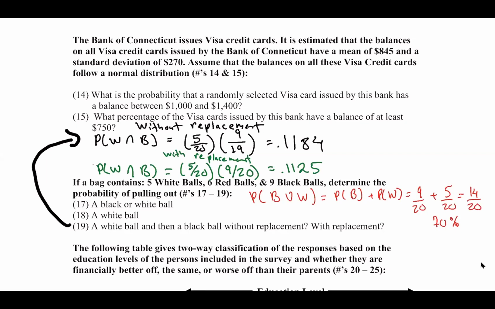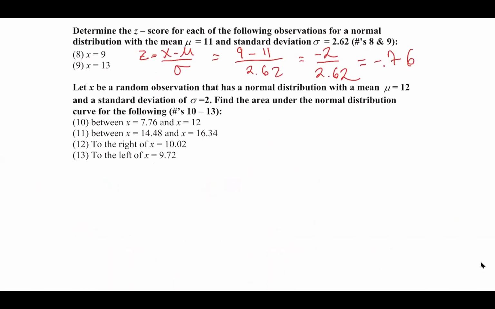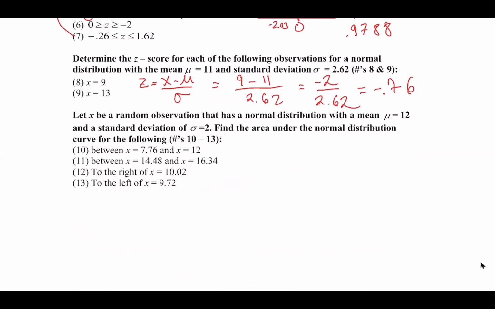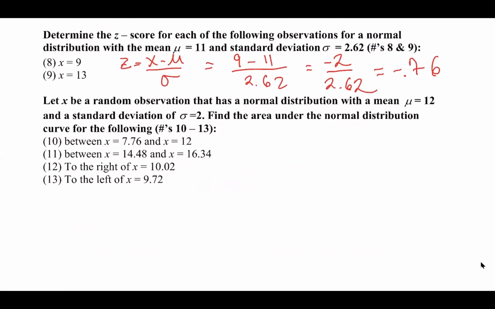All right, we're going to go ahead and do number 10. Number 10 says let X be a random observation that has a normal distribution with a mean of 12 and a standard deviation of sigma equal to 2.